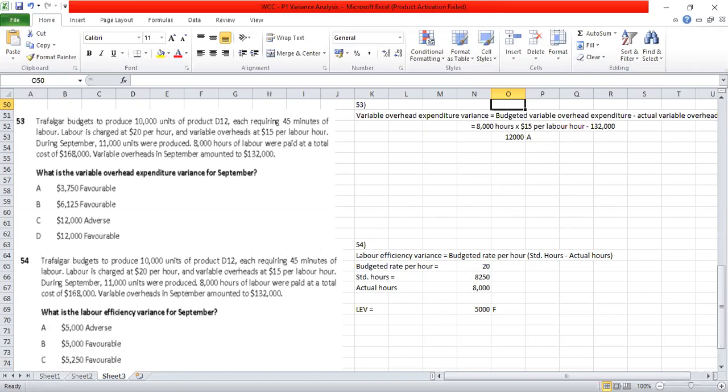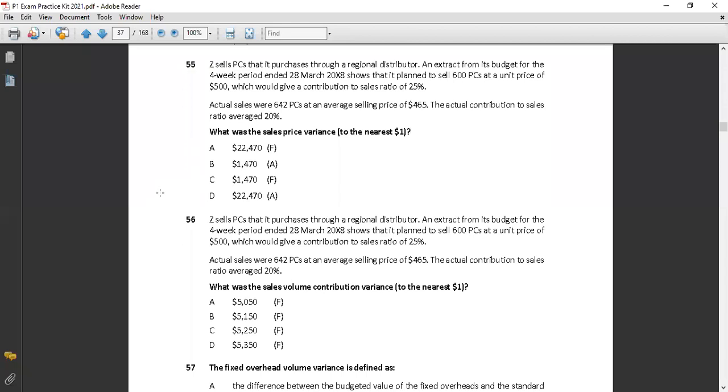Let's take up the next set of questions. The next set of questions is for sales variances.